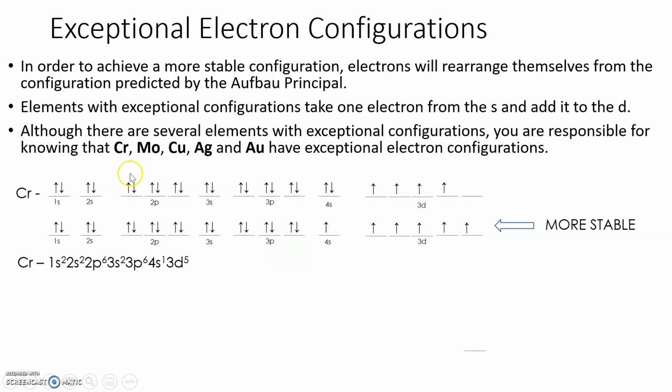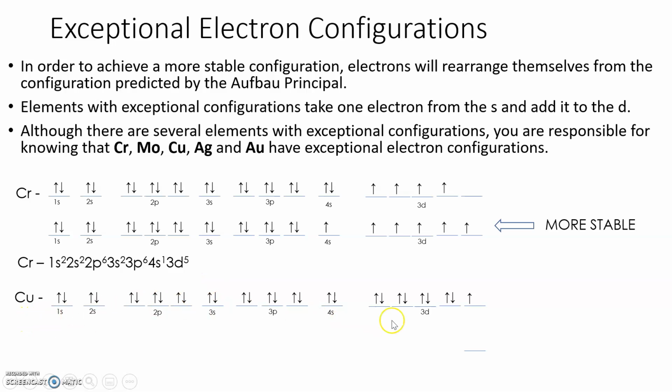A heads up if you're looking at your periodic table: chromium, molybdenum, and copper are the d4s. You will never have a d4. If you end up with a d4, you know you've done something wrong. So d4, no good. Put an X through those on your periodic table. Don't end on d4. Always take an electron from 4s and make it d5.